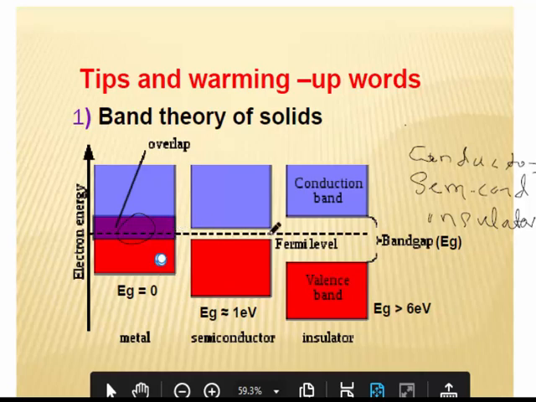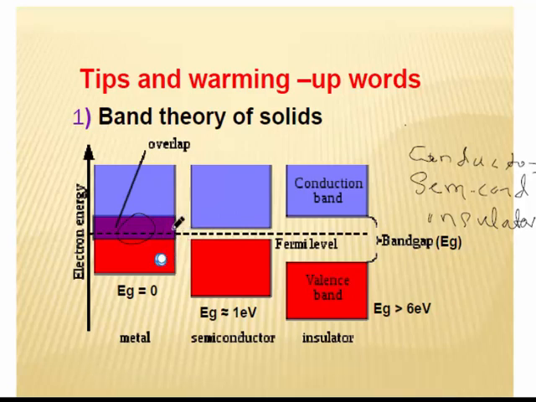So what is the forbidden energy gap? The band gap between the conduction band and valency band is called the forbidden energy gap, or simply the band gap. It is the difference between the lower energy level of the conduction band and the higher energy level of the valency band.